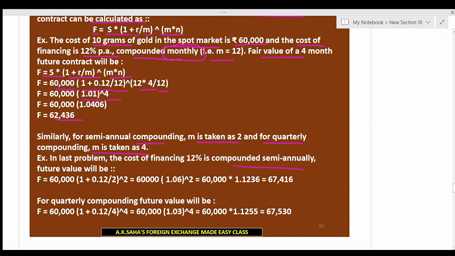The future price will be 60,000 into 1 plus 0.12 by 2, that is M equal to 2, to the power 2, that is 60,000 into 1.06 to the power 2, which is equal to 67,416.